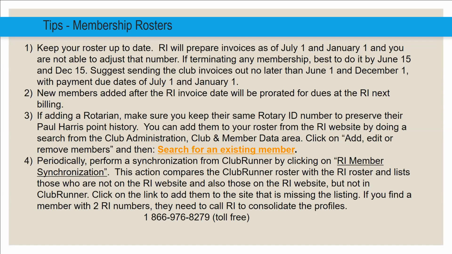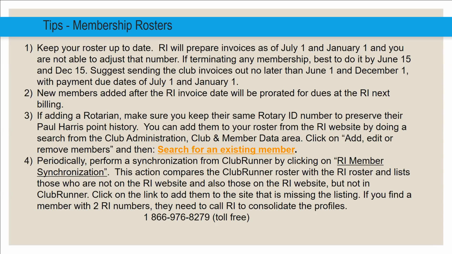Give that time for the information to go to Rotary International. And I would suggest, right before July 1st and January 1st, check the Rotary International roster to make sure it's accurate.